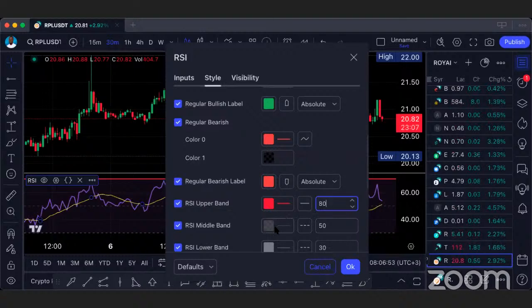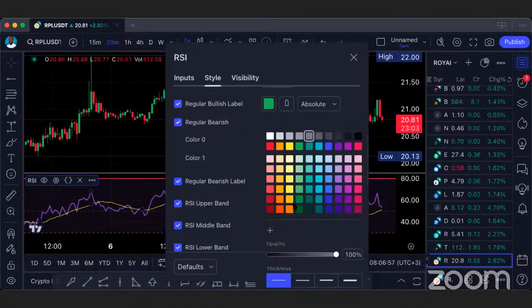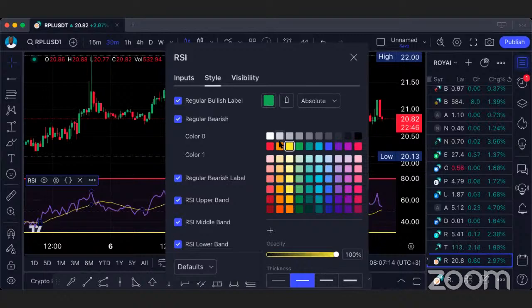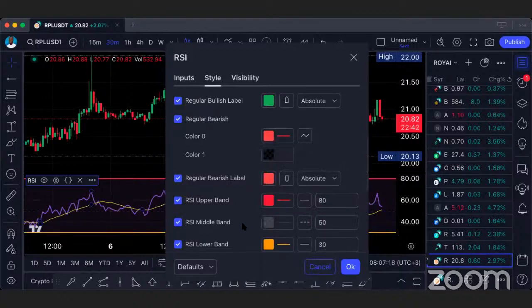Then the middle line, I could leave it as it is. Then the lower line, I could give it either the yellow color, and I make the thickness a little bit thick. And then I turn this dotted line, which is this one here, to a line. I will give it an orange color so that there is a divergence of colors with no confusion.